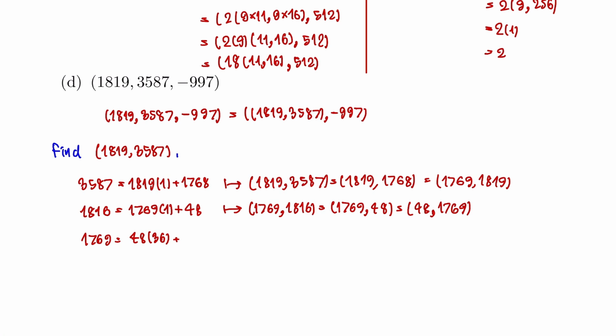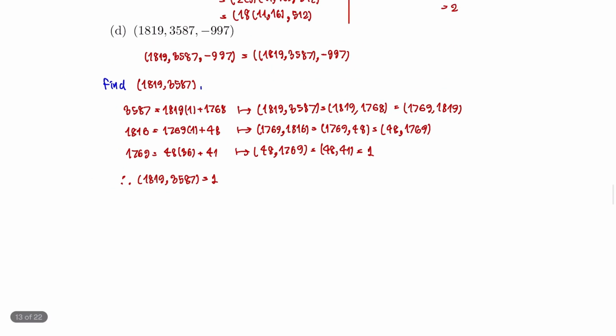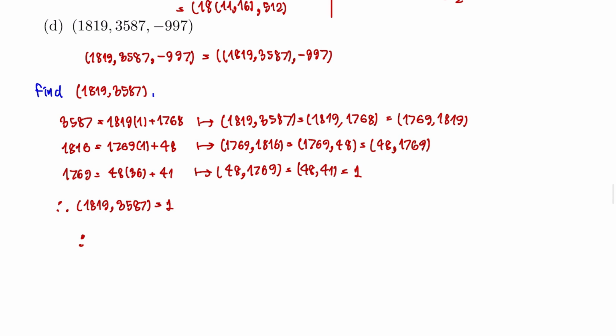The remainder is 41. So the greatest common divisor of 48 and 1769 equals that of 48 and 41, which is just 1. Great. So the greatest common divisor of 1819 and 3587 is 1.